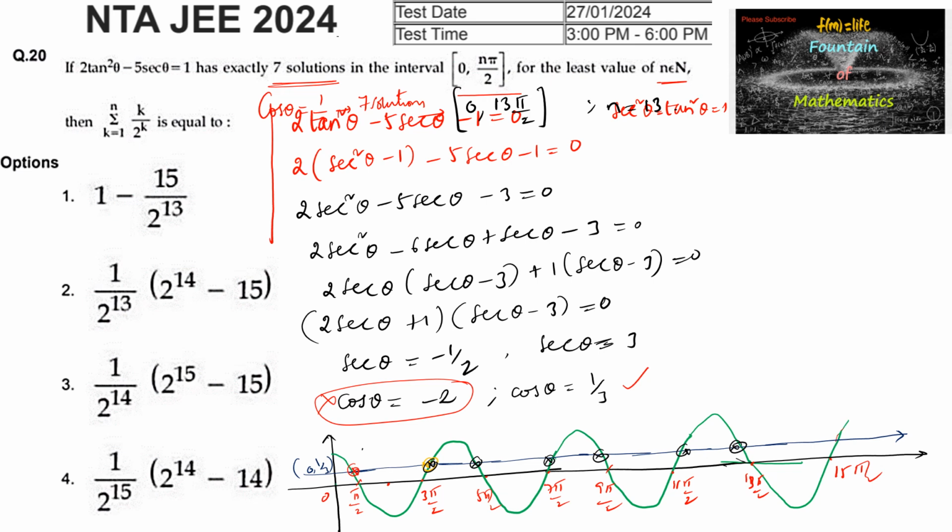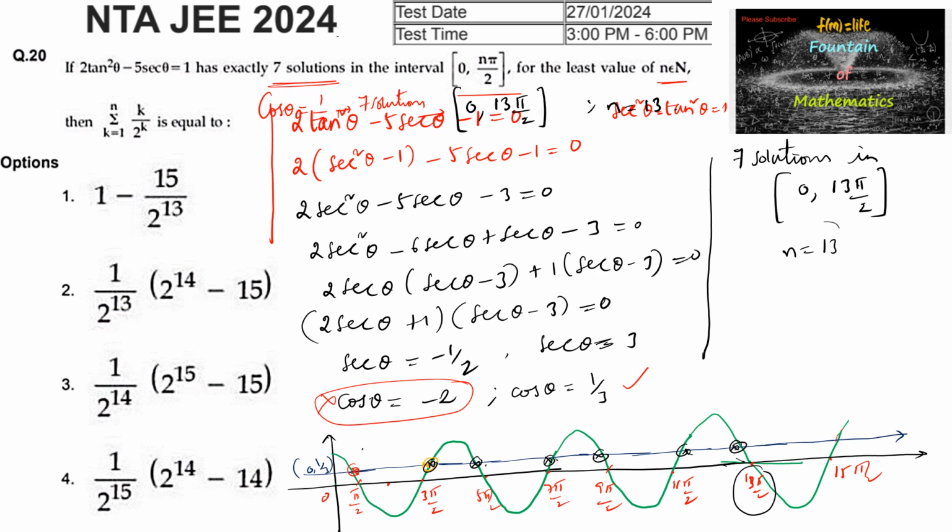So we can say 1, 2, 3, 4, 5, 6, 7 in the interval 0 to n pi by 2. So we can say this is 13 pi by 2. So we can define now, 7 solutions in the interval 0 to 13 pi by 2. So this n is the smallest number now. So we can say n is equal to 13.